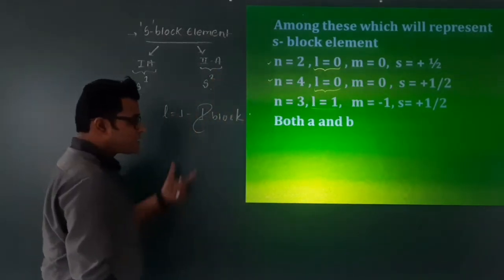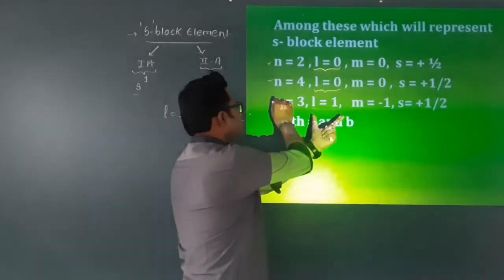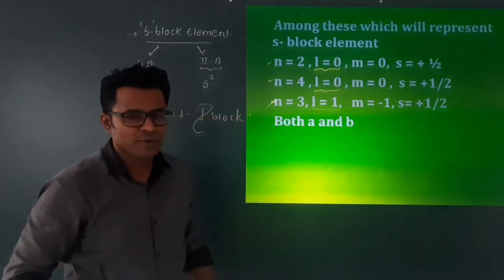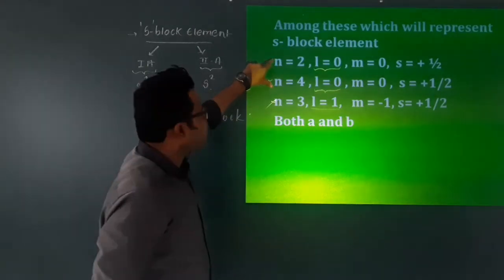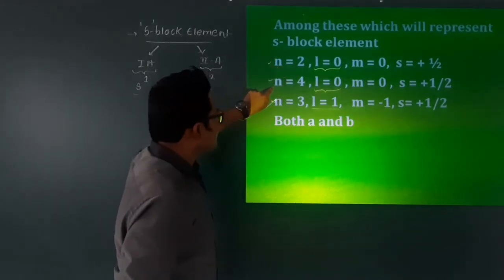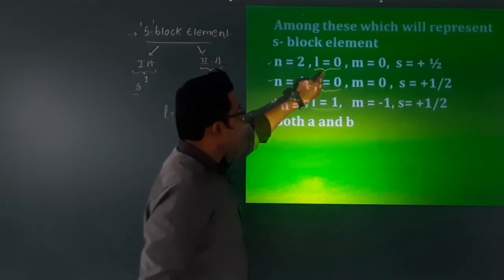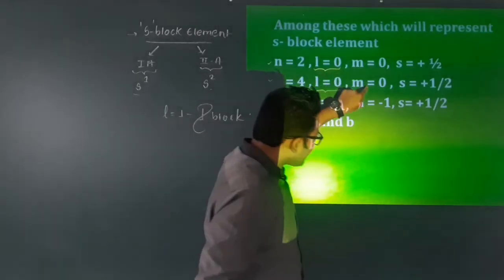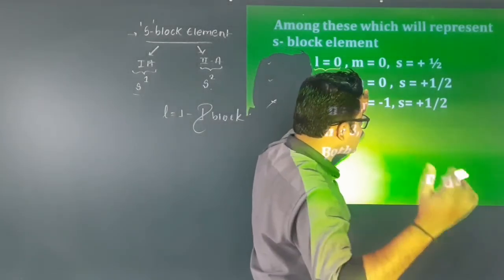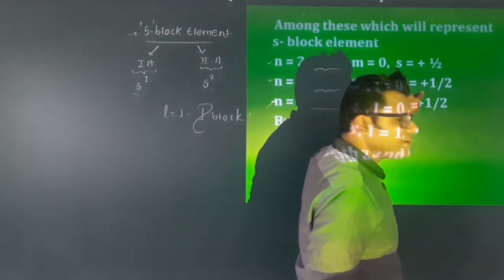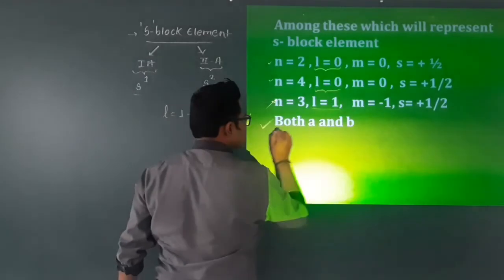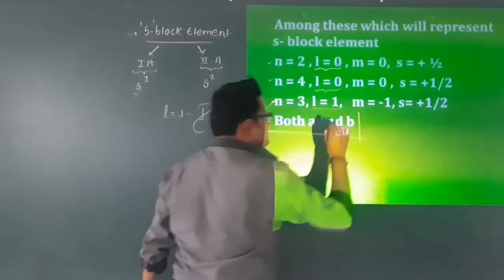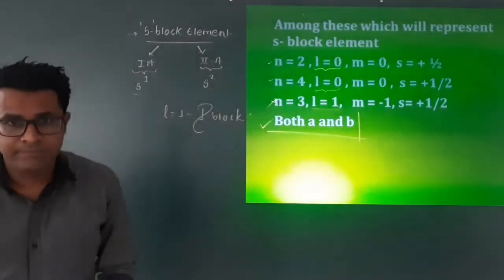As this is for the p block element, that option goes off. Observing the option with n equal to 4, s block or s orbital, both of them have plus half. So the option is both, that is A and B.